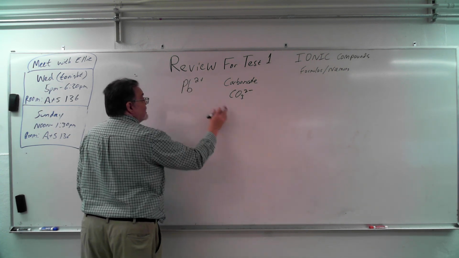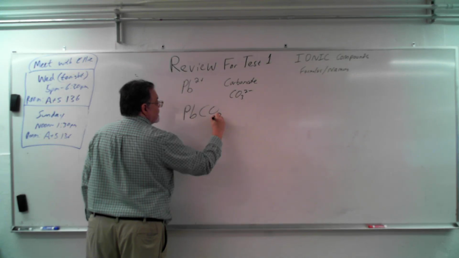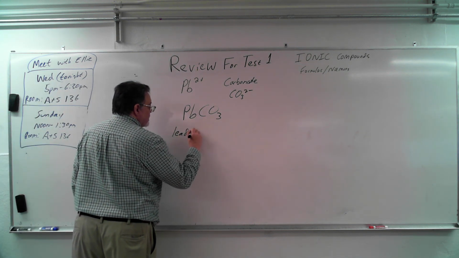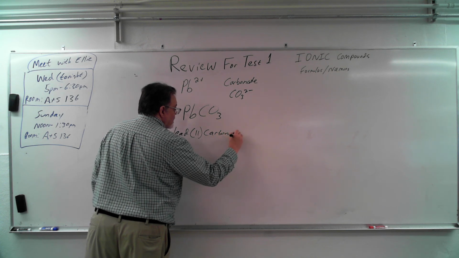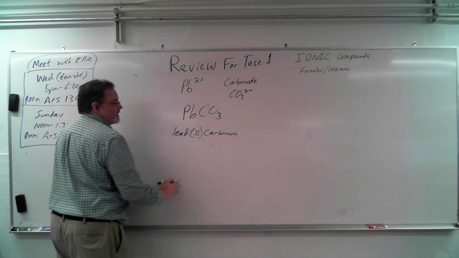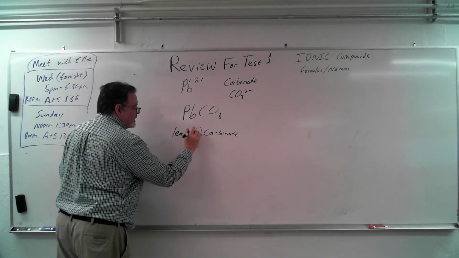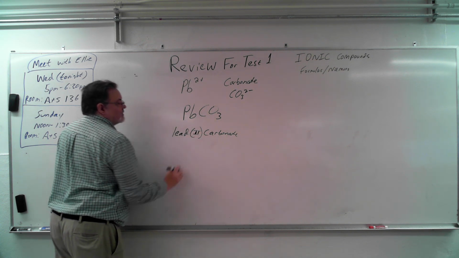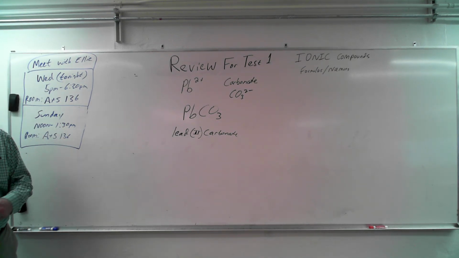So that's 2 negative and that's 2 positive, so it would just be PbCO3. I had to put the 2 here. Some fonts have the capitals on top and bottom, and some fonts just do it like that. Usually when I write a test, I try to find the font that does that. That's lead 2 carbonate.